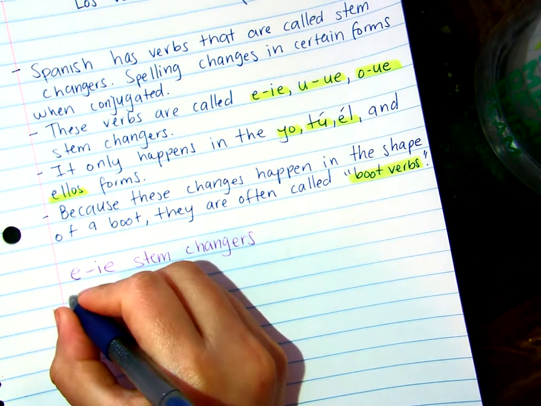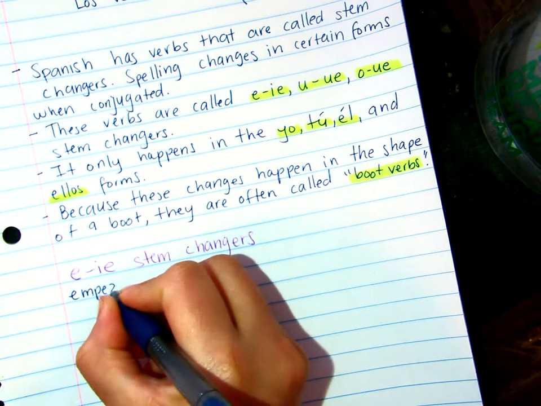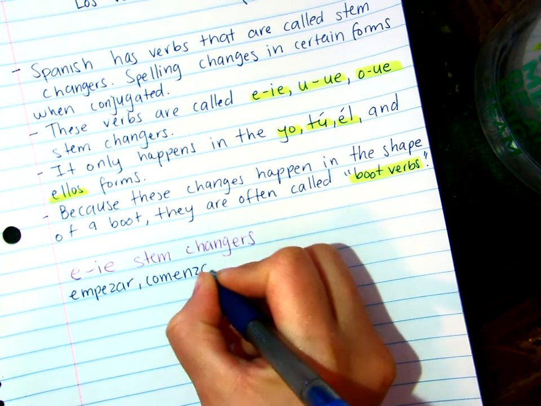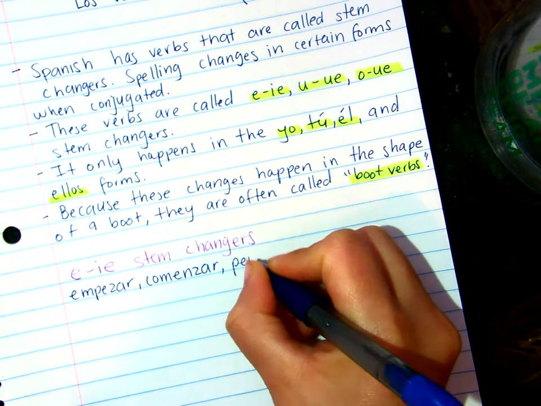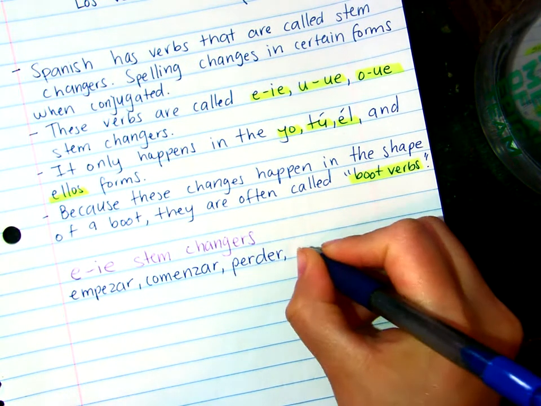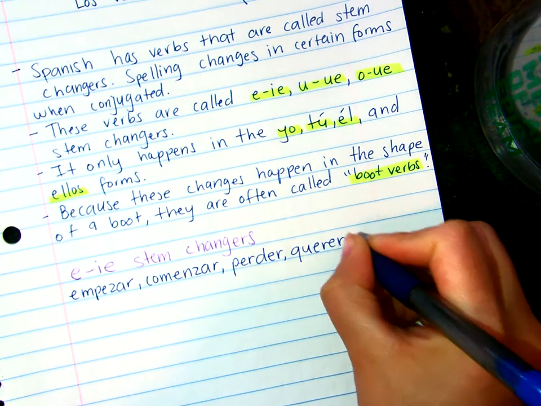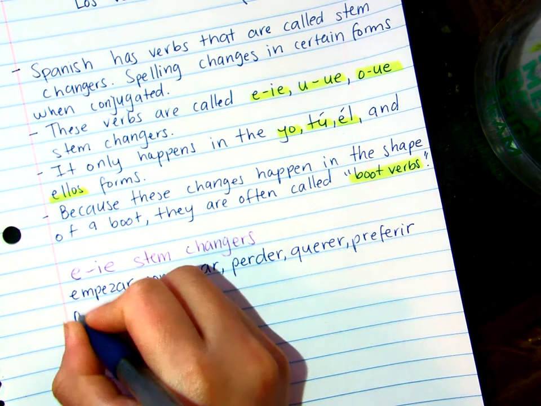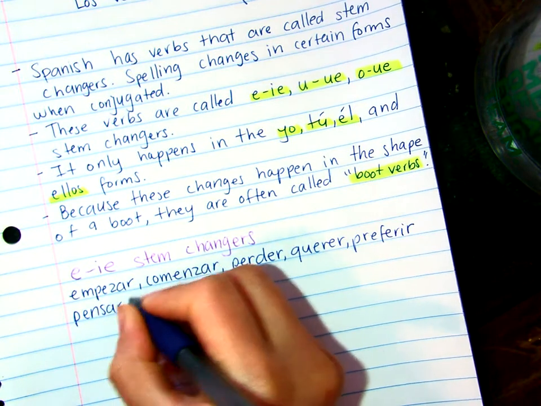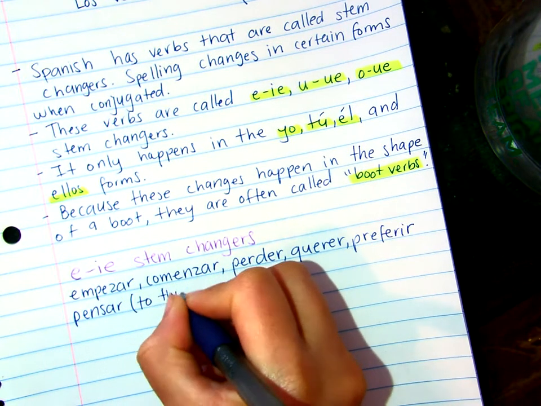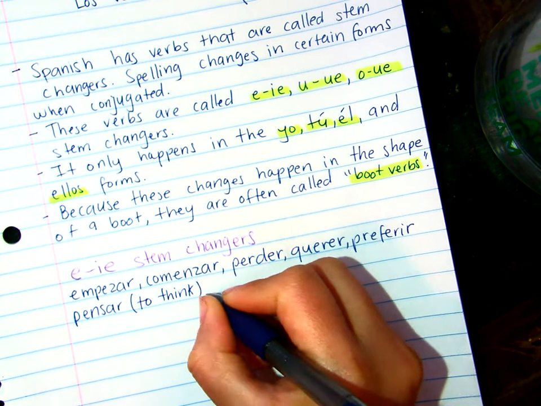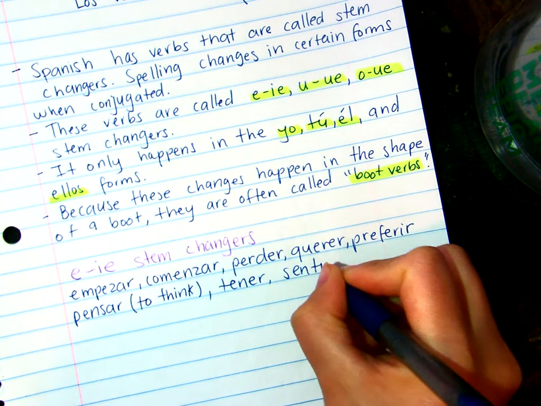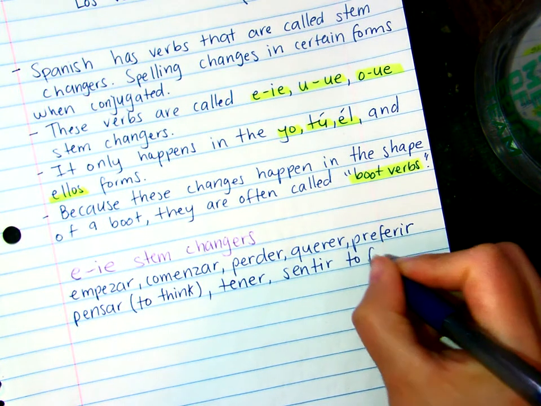Alright, so the E to IE stem changers. We have a few verbs. We have empezar, comenzar, perder, querer, preferir, pensar, which means to think, tener, sentir, which is to feel.